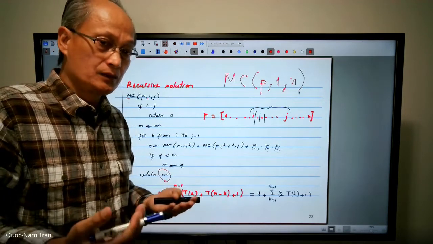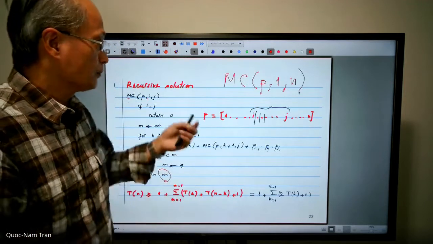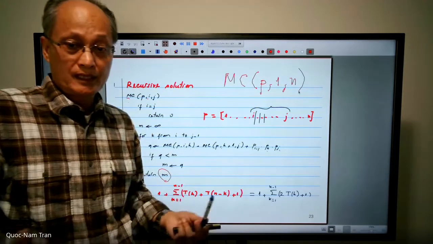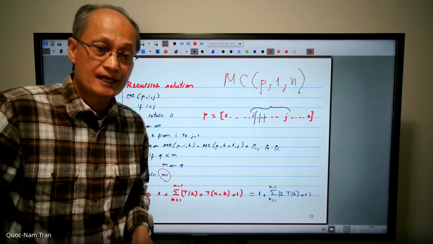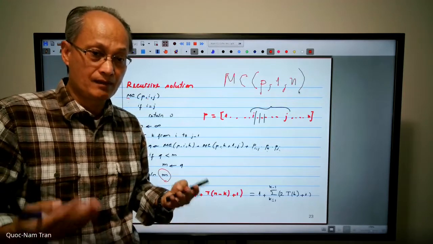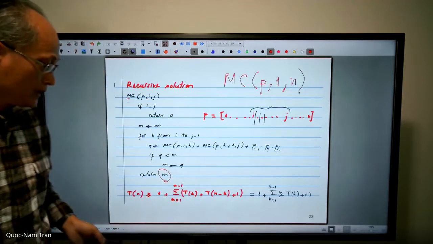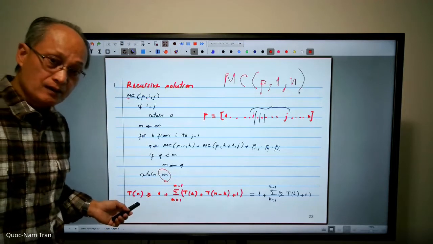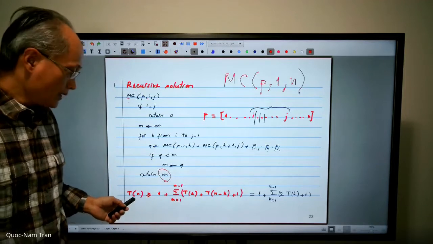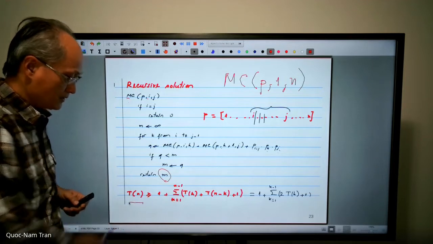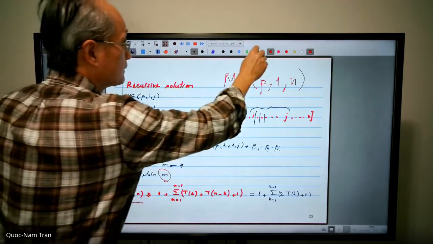So we need to analyze the complexity of this algorithm. What would be the complexity? You have learned how to analyze complexity. Let Tn be the number of steps when we have n matrices in the sequence.